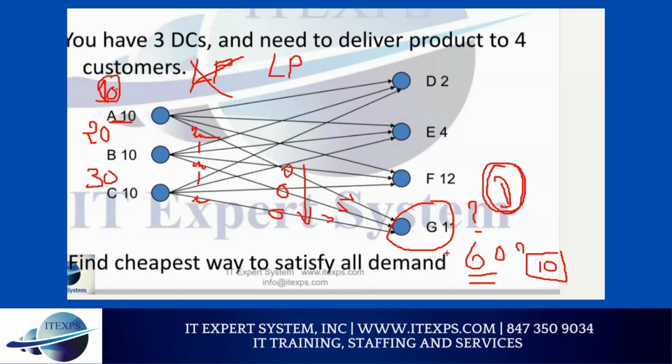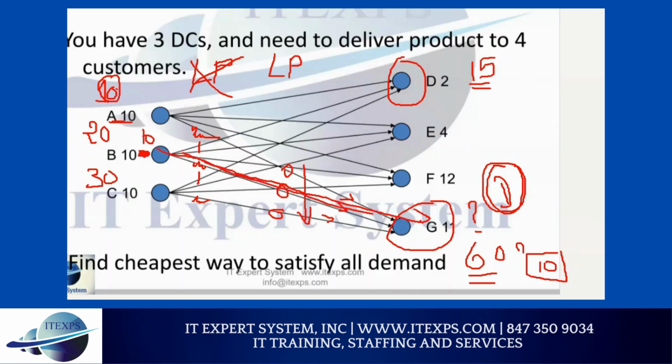But when this customer is asking 10, at the same time this customer is asking 15. Now what will happen? Let's say this one is cheapest, just as an example. So you pick 10 here and deliver 10 here. But this guy needs 15 and this guy needs 10.